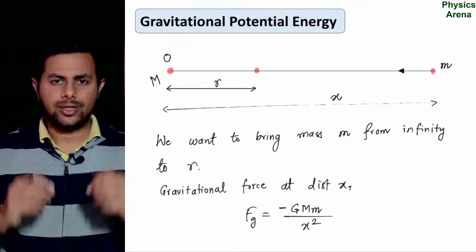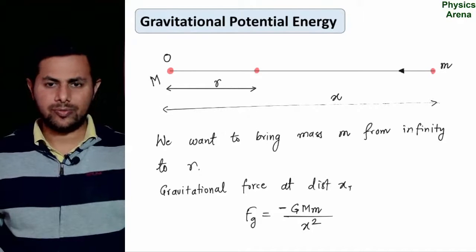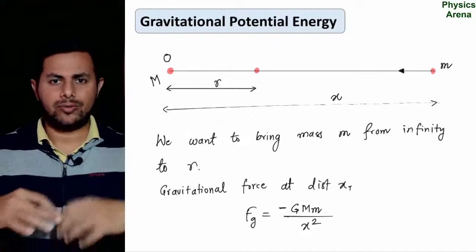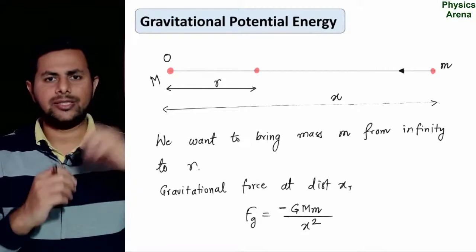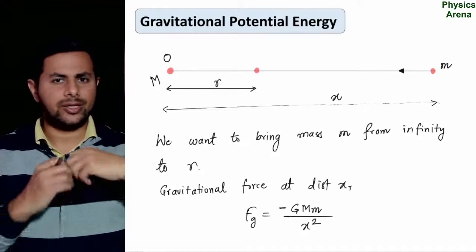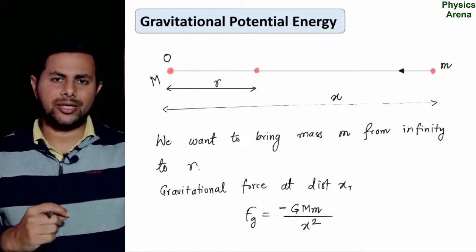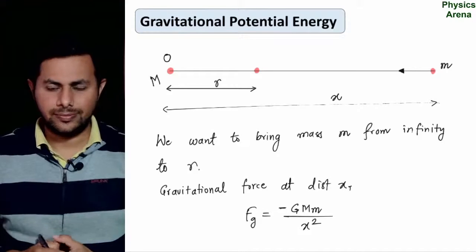What is x? I am bringing a mass small m from infinity, and I want to put it at distance r from mass capital M, but in between there is some intermediate distance, which can be anything. I am calling it x.